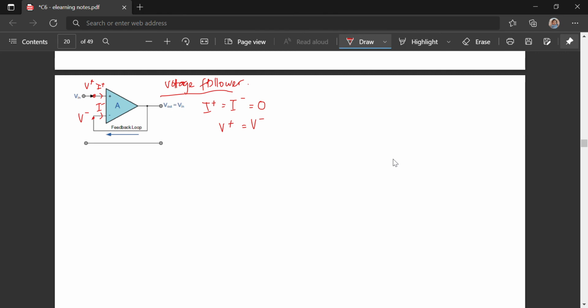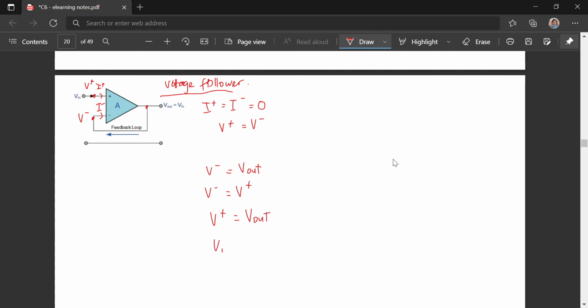Okay, we have this. Therefore, we need to determine how much is V in. Since in the circuit, V minus is connected to V out, and V minus equals V plus, therefore V plus also equals V out.